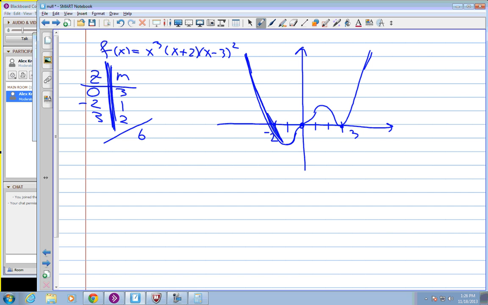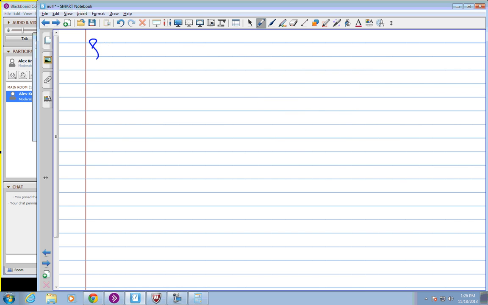So for question 5, you have 2x squared plus 7x minus 4 over x squared plus x minus 2. You would have to factor top and bottom. Can you factor the top?